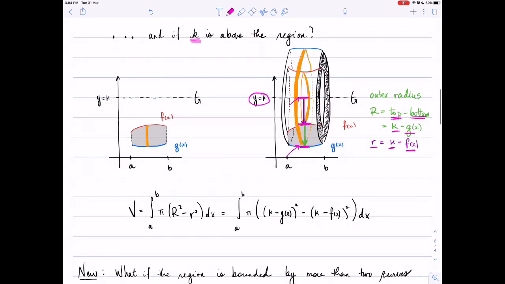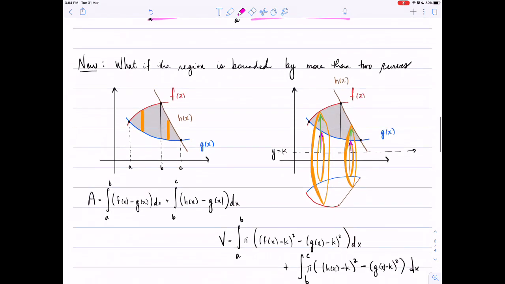Plug that back into the same formula that you did before, and you get this integral, which is very similar, just with slight tweaks about which function is on top and which is on bottom, because you always want your volumes to come out to be positive volumes.